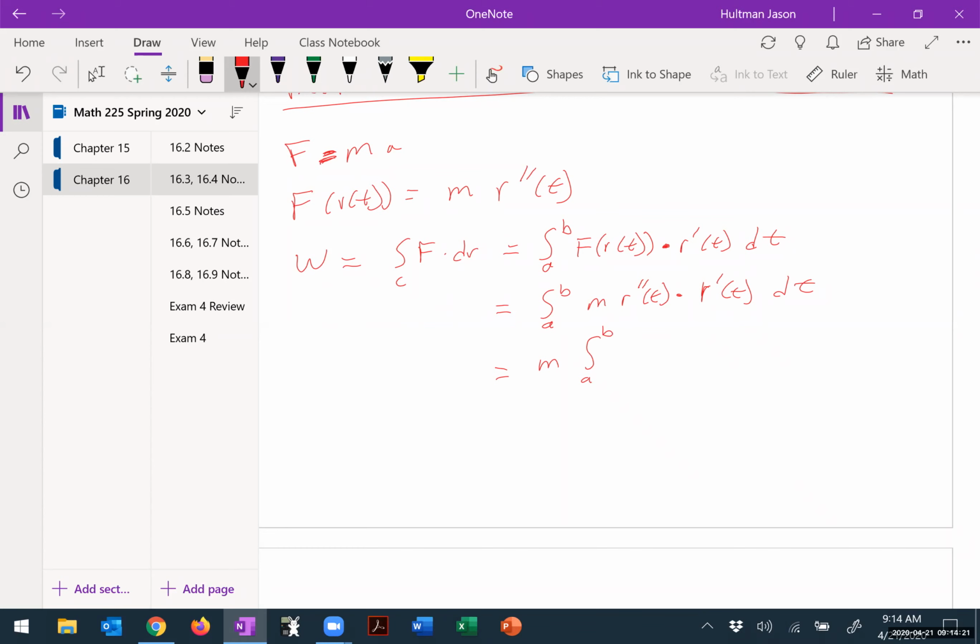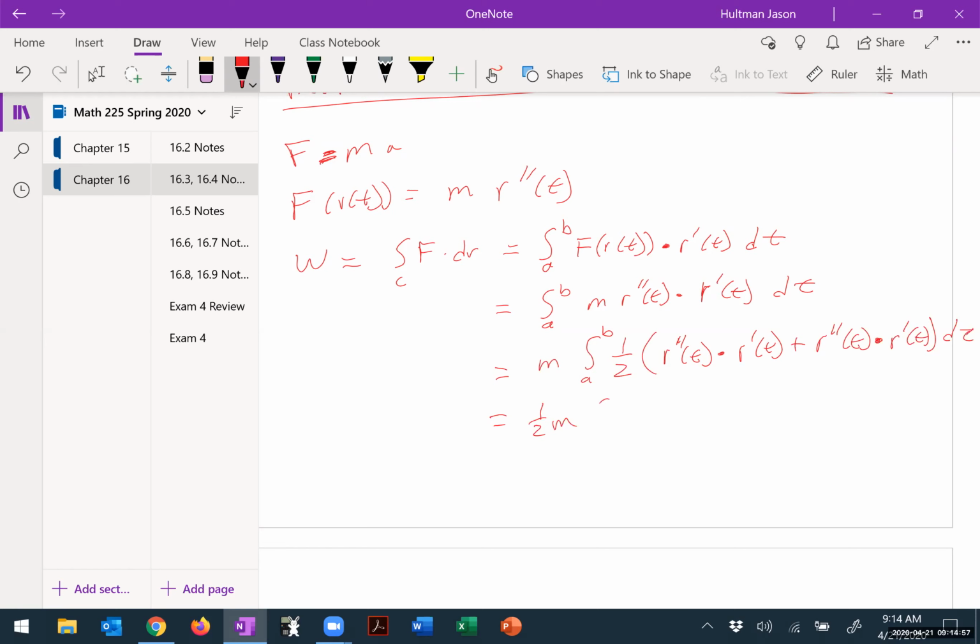So I'm going to take a 1/2 of r double prime of t dotted with r prime of t plus r double prime of t dotted with r prime of t, dt. Cool. I'm going to pull out the 1/2 in my next step. So this is 1/2 m.